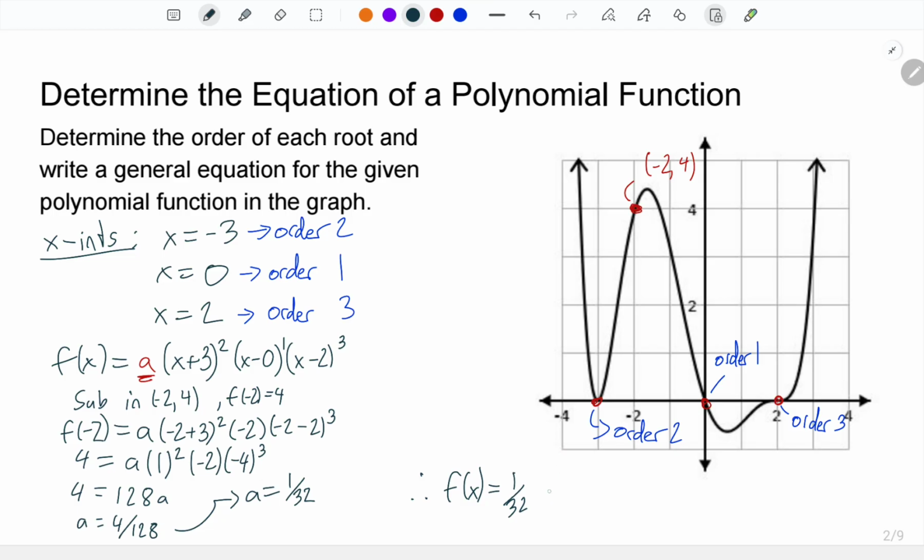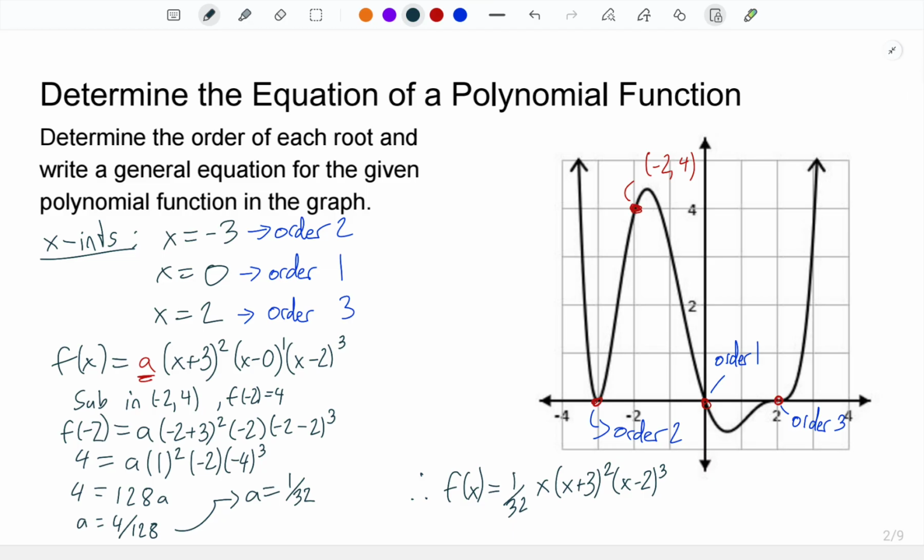And the x minus 0, I'm just going to write that as an x in front. Typically, if it's just an x, just leave it in front. And then the rest I usually just do in order from least to greatest factor. So x plus 3 squared, x minus 2 cubed. And there we have it. There is your equation of that polynomial function.